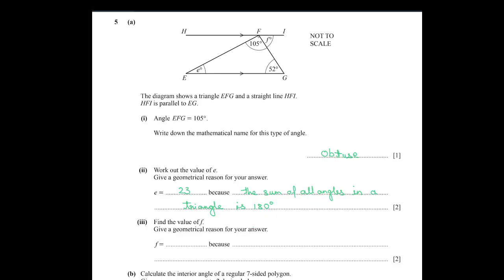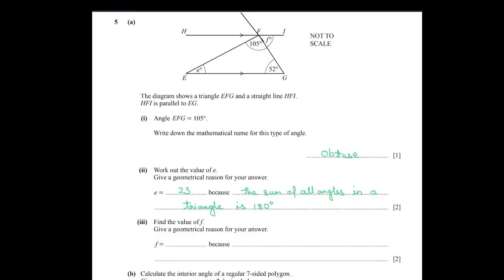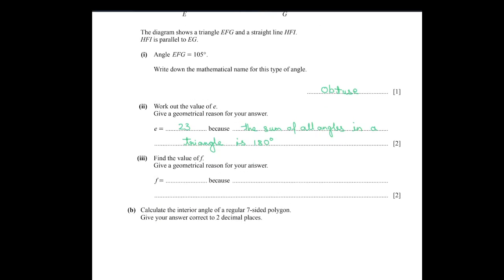So when I consider FG as a transversal, this angle is an alternate interior angle for these two parallel lines. So alternate interior angles are always equal. So f is 52 degrees.